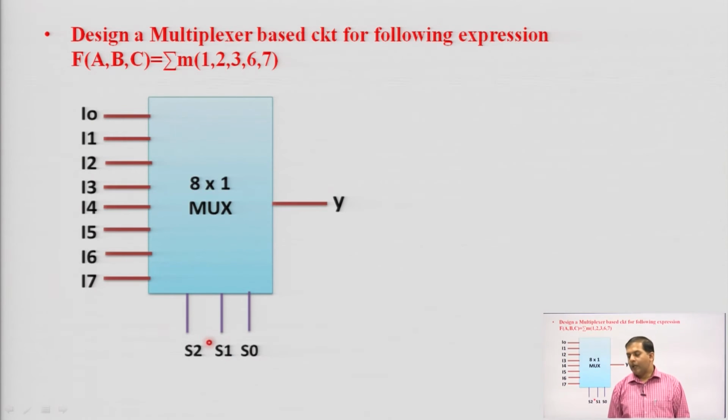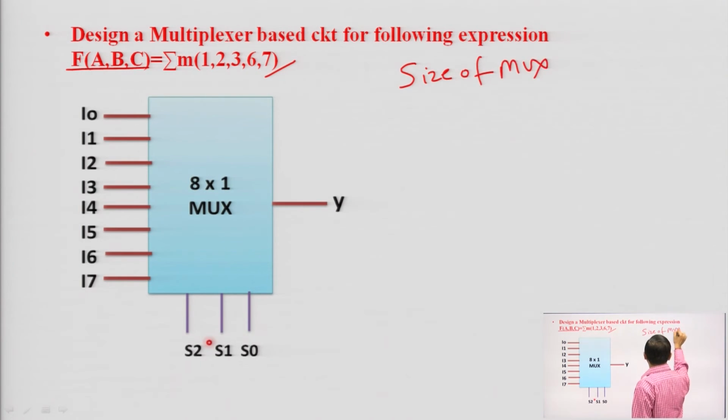Now, the designing of a multiplexer. First of all, we have to check that here 3 variables are there: A, B, C. For 3 variables the maximum combination is 8, right, 2 to the power 3 means 8 combinations. First of all, we have to check the size of the mux.